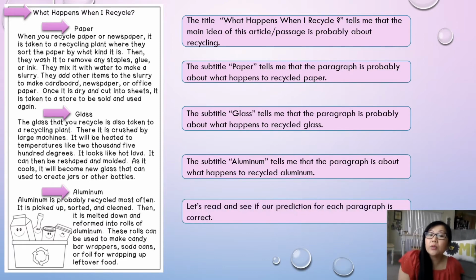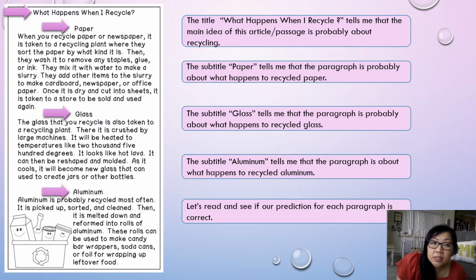Okay, so now we are ready to read, and let's check to see if our prediction of the passage is correct. All right, start with the title, What Happens When I Recycle? Subtitle one, Paper. Paragraph one: When you recycle paper or newspaper, it is taken to a recycling plant where they sort the paper by what kind it is.